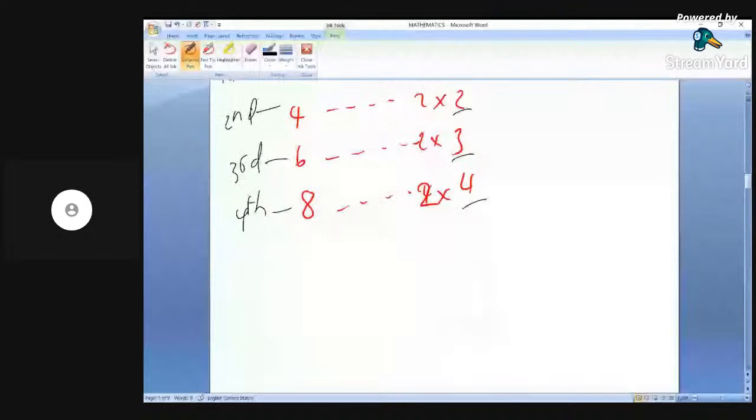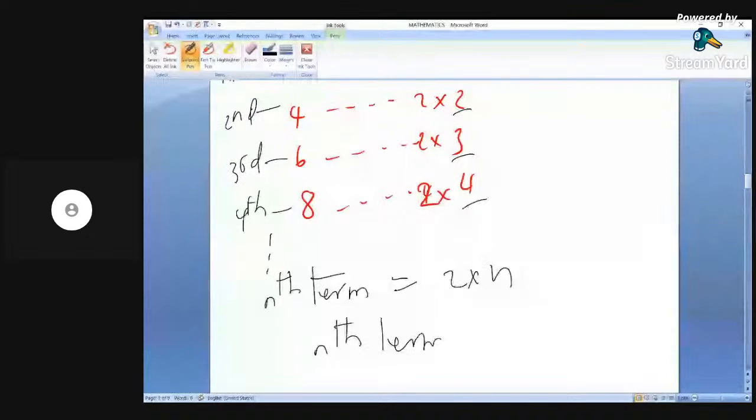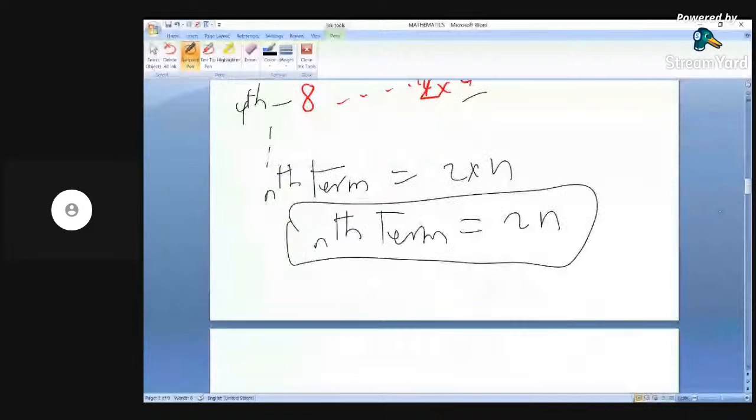So if we are going to the nth term, it means the nth term will be 2 times n, my dear students. So we can say that the nth term equals 2n. So that is the solution of the given question.